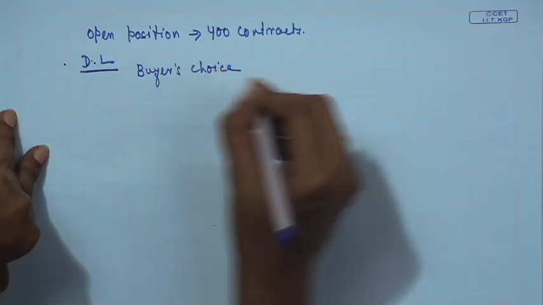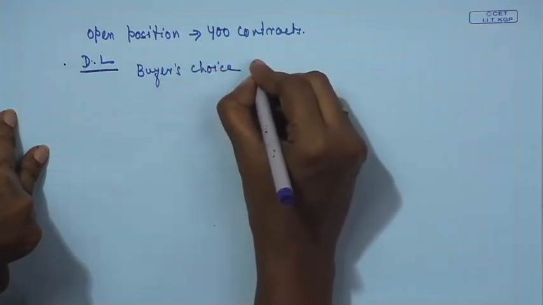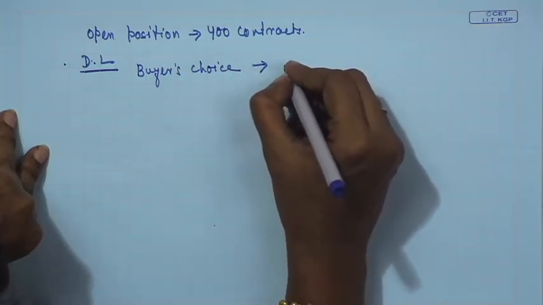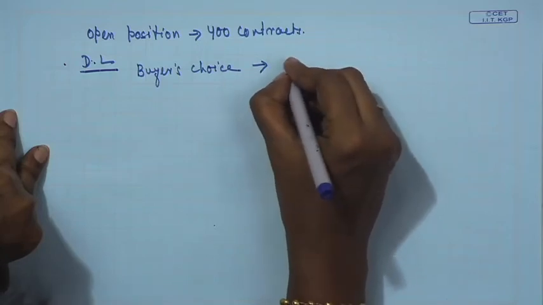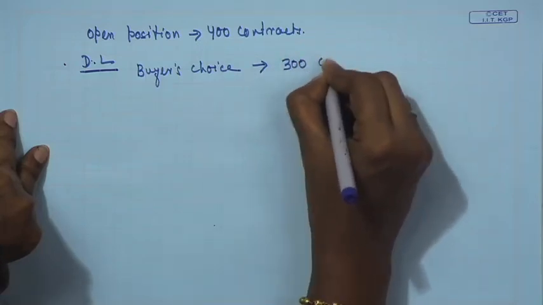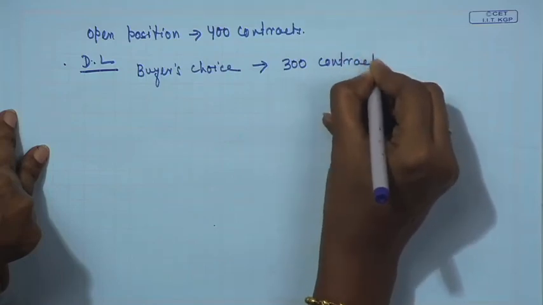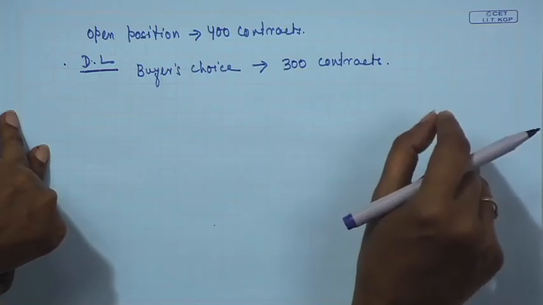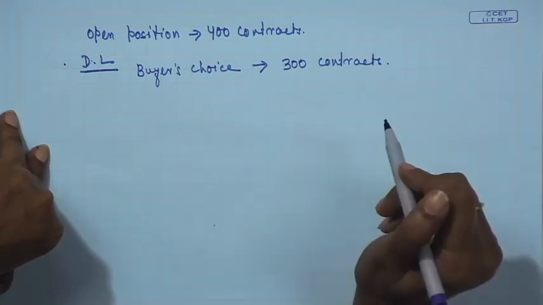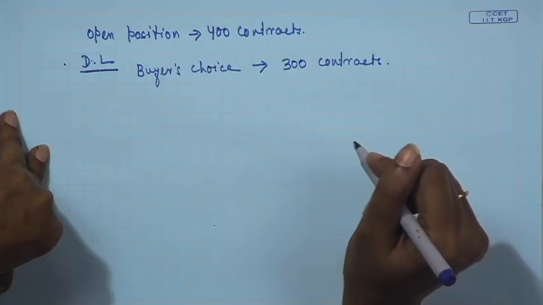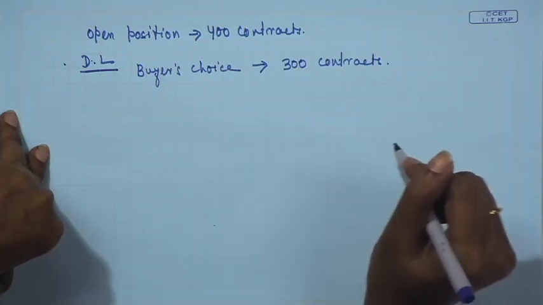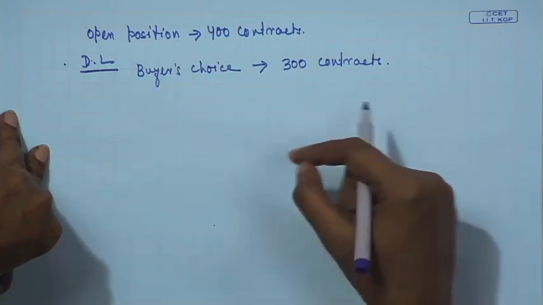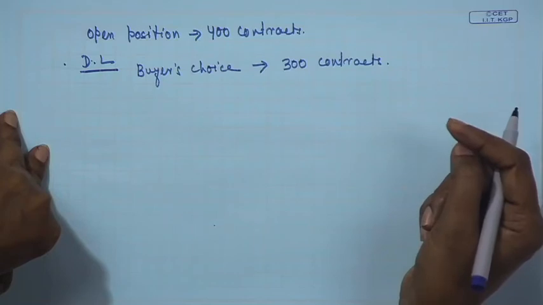If buyers give an indication to the exchange that they would like to take delivery of cotton worth 300 contracts, the sellers have no choice in this case. The sellers have to provide warehouse receipts for 300 contracts, and the remaining 100 contracts worth of cotton will be settled through cash. The payment will be made based on the final settlement price.